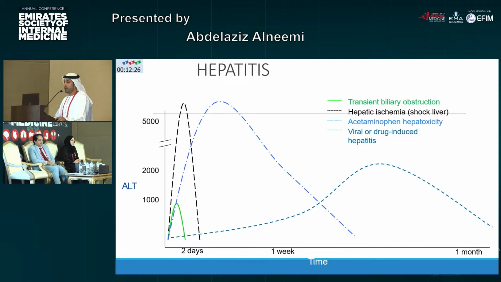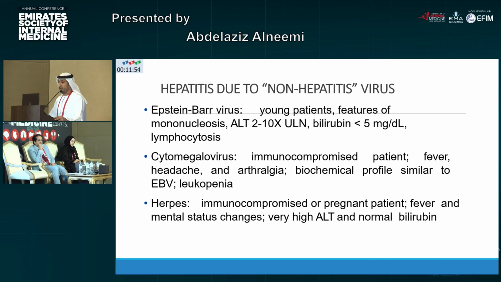You can see here the pattern of ALT/AST with time in different diagnoses. In transient biliary obstruction, it peaks within 2 days and drops, while in hepatic ischemia, within days it peaks and drops. With acetaminophen, it peaks and takes time, while viral and drug-induced hepatitis vary.